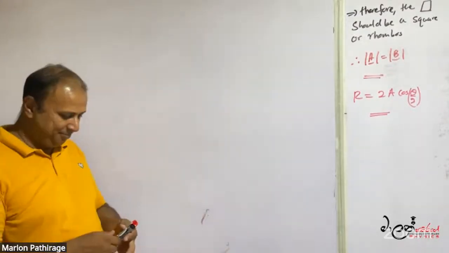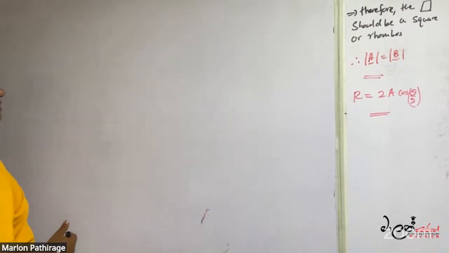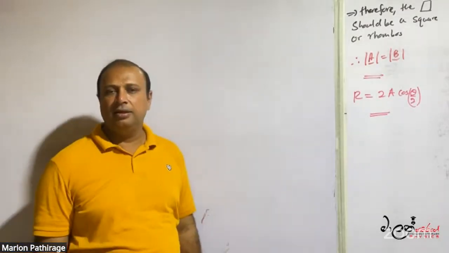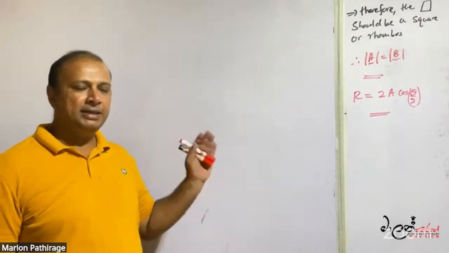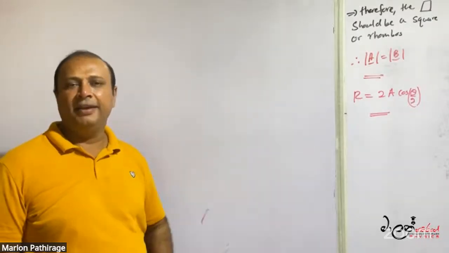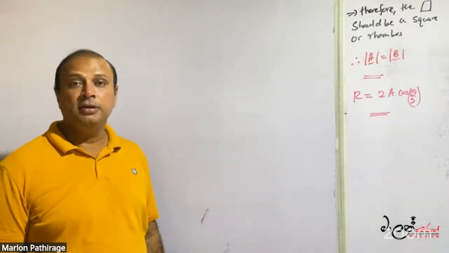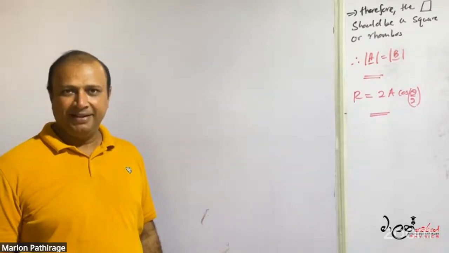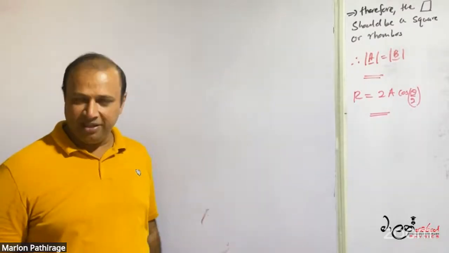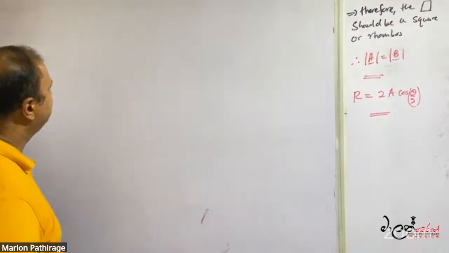Audible? Actually, there are three major parallelograms: square, rectangle, and rhombus.